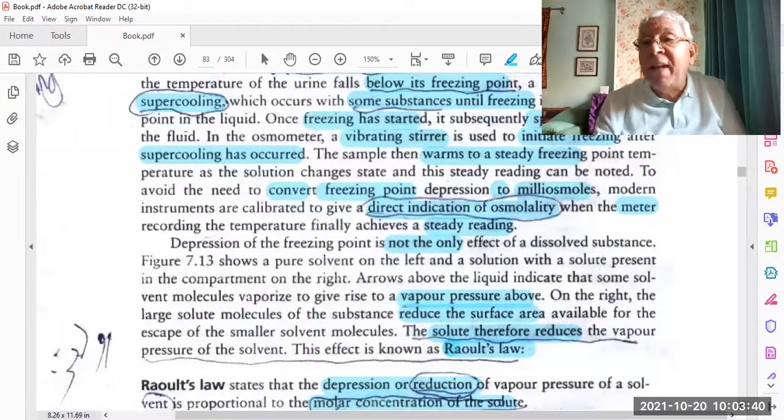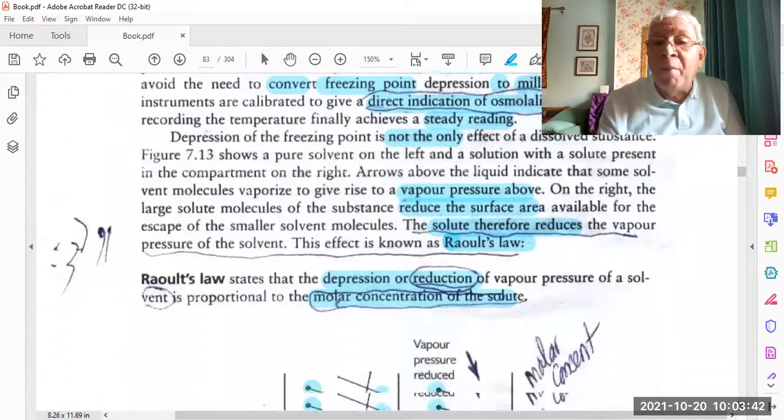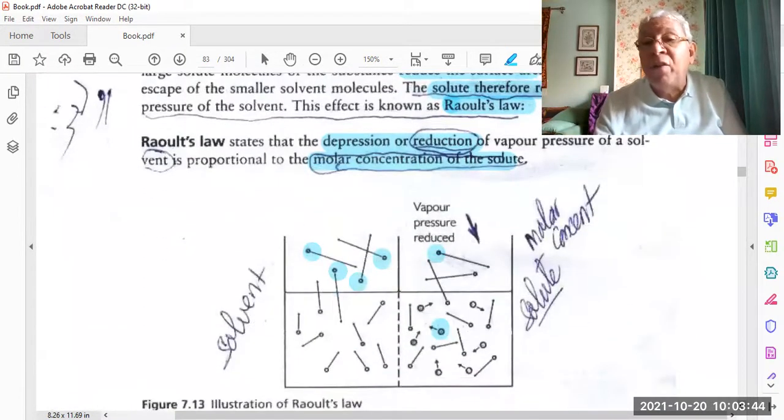The second character of molecules is decreasing the saturated vapor pressure of a solvent. As we see, the two compartments, the semi-permeable membrane and the solvent going to the right side, hindered by the presence of solute. On the left side, the molecules are coming out from the liquid, inducing a vapor, and it will create, of course, a vapor pressure.